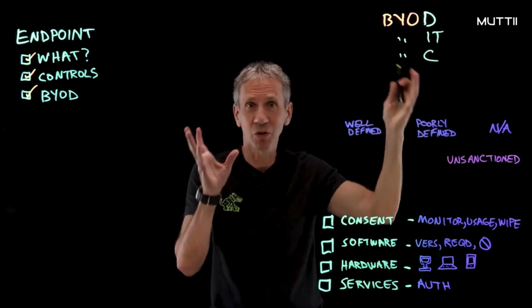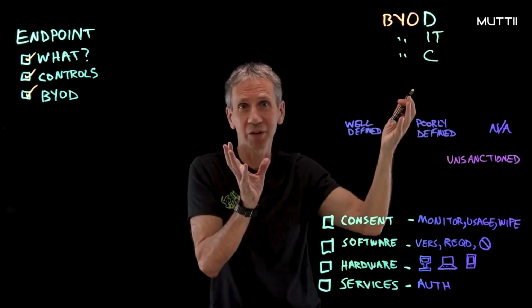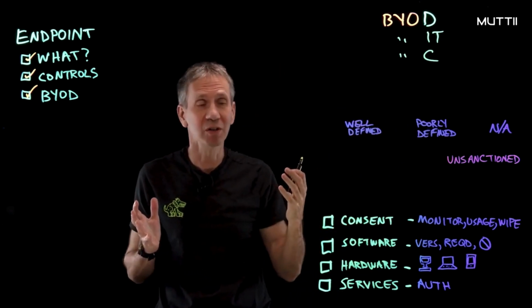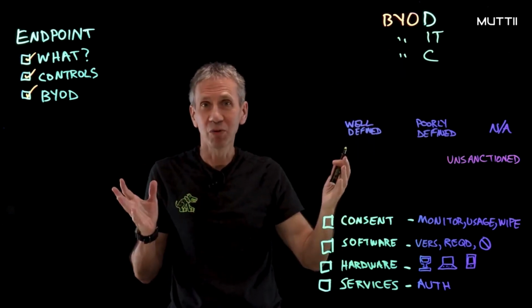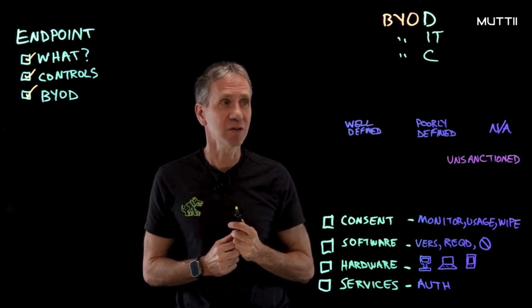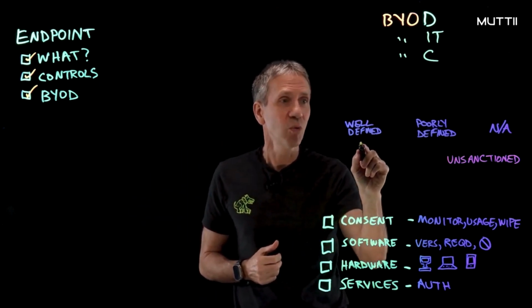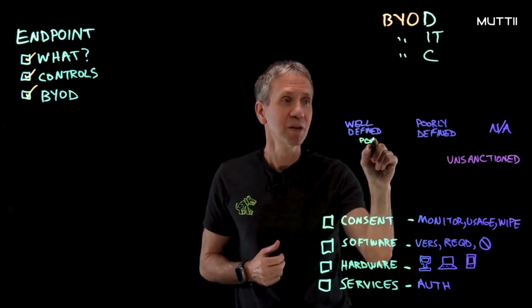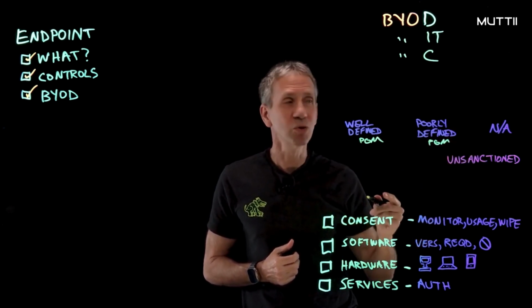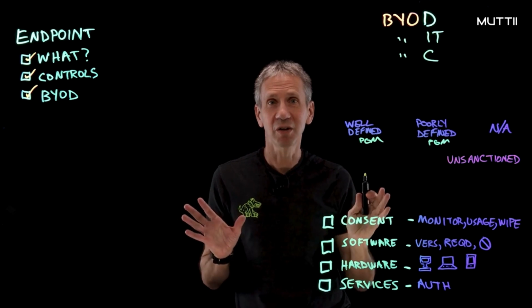So we've really got this whole collection of acronyms that we're having to deal with, and the endpoint is just part of this. When it comes to these bring your own programs, there are really two types of organizations out there: the ones who have a well-defined program, the ones who have a poorly defined program, and then there's another group that claims that it's not allowed.